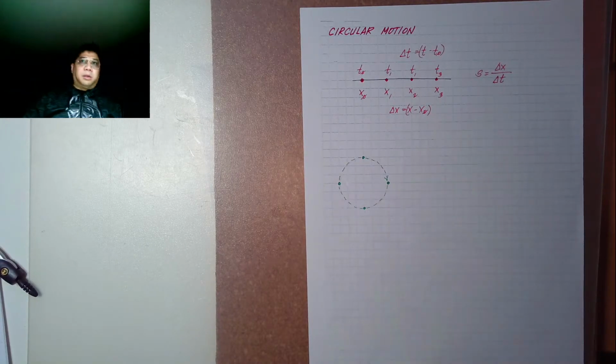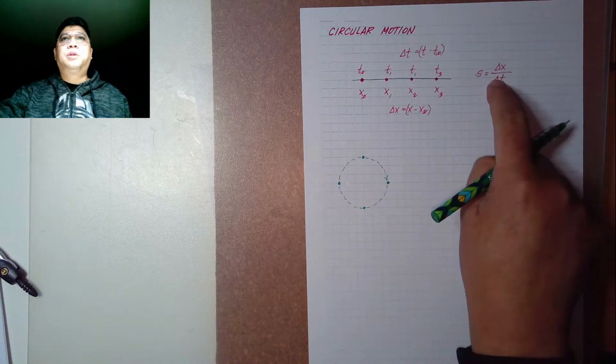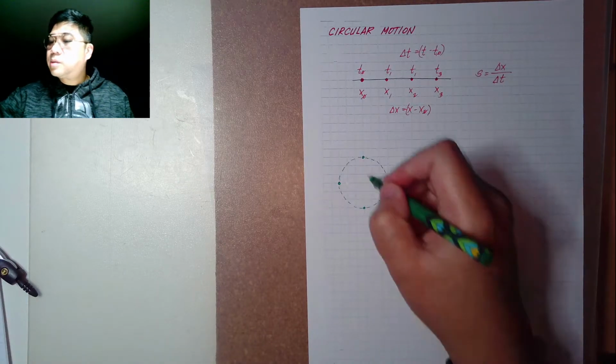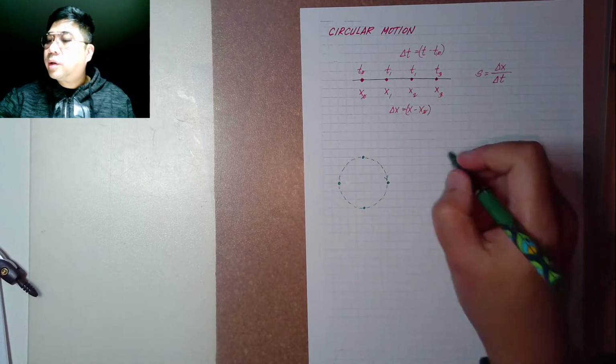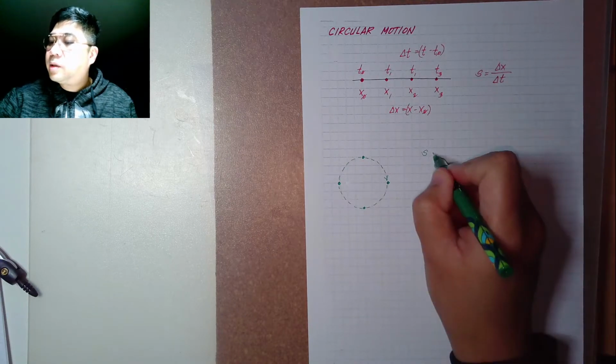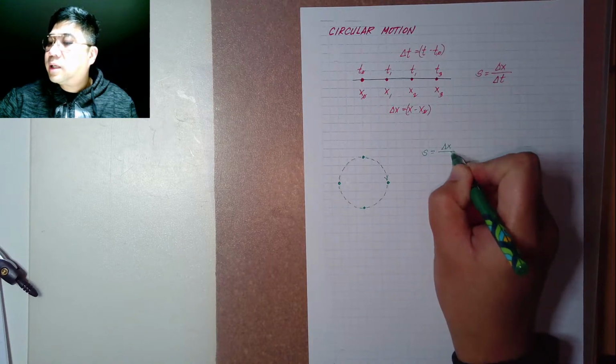Now, using the same concept that we know, how do we figure out the speed of the object as it goes around in circles? Speed is delta x over delta t.